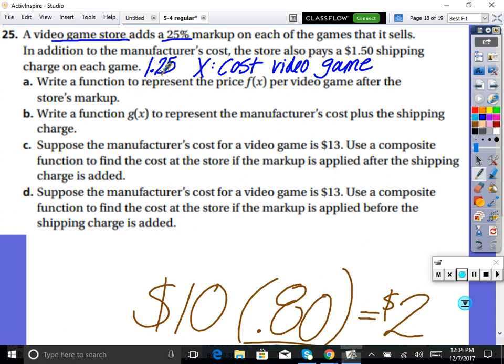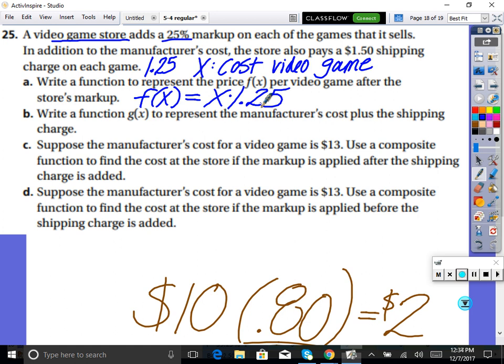Okay, so now it says, well, also, it costs $1.50 for shipping. Now think about it. If you purchase clothes online, the company is going to charge you the amount that they paid plus more, and then they're going to charge you for shipping, correct? All right, so let's read part A. It says, write a function to represent f of x per video game after the store's markup. So write f of x is equal to the cost times 1.25. Isn't that the price after the markup?